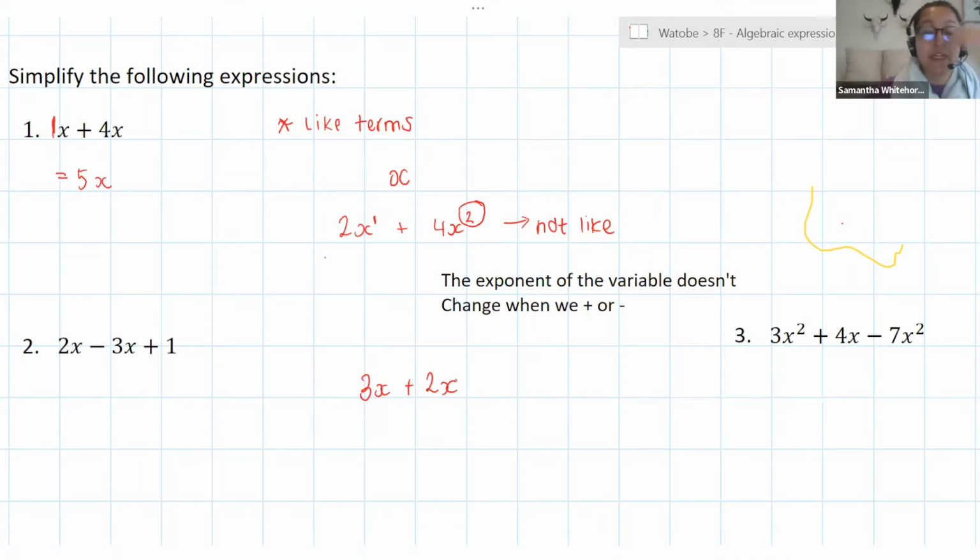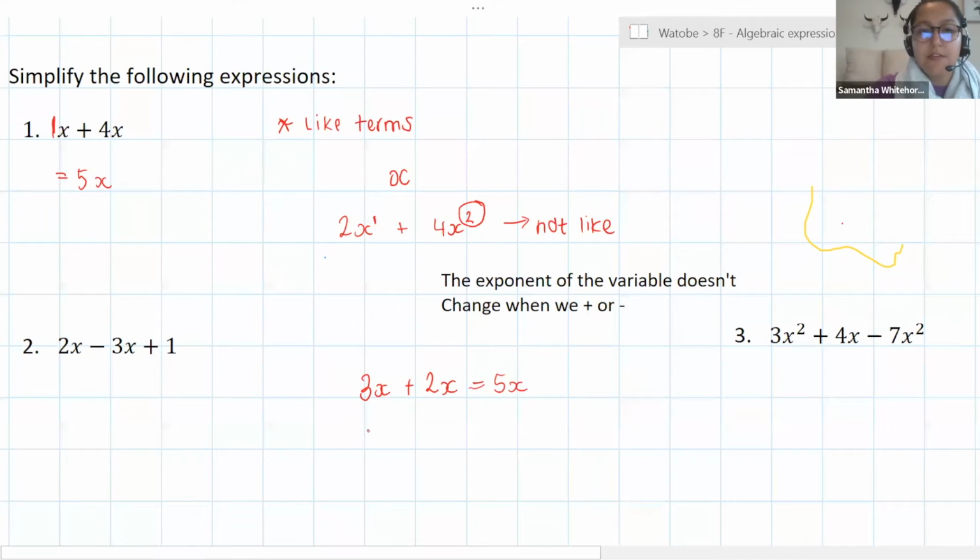Okay, cool. That's a really good question. So what we said earlier is when we add or subtract, the exponent never changes. The only time our exponent changes is if there is a multiplication or division. So using your example of 3x plus 2x, because we're adding terms there, no exponent is going to change. So this is going to be exactly as you said, 5x.